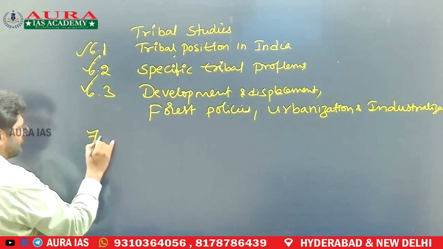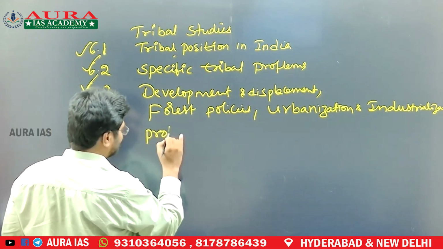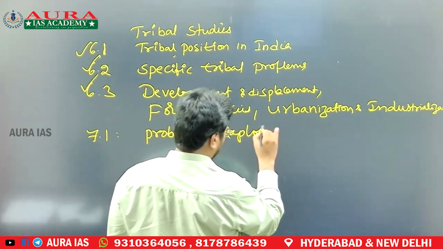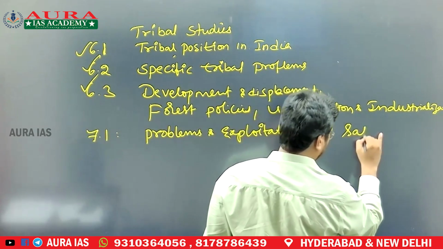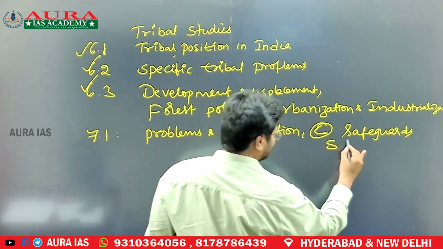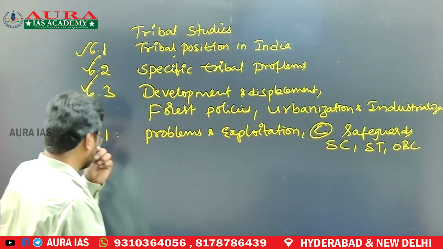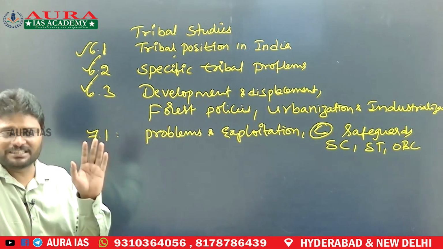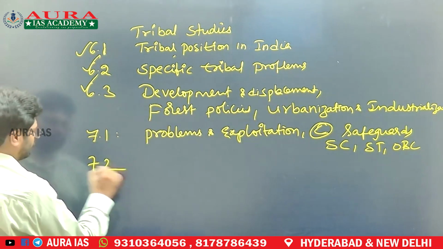So 7.1, problems and exploitations of SC, ST, OBCs and constitutional safeguards for SC, ST, OBCs. This chapter is also very important. 7.2, social change and contemporary tribes, you can put as priority 2.